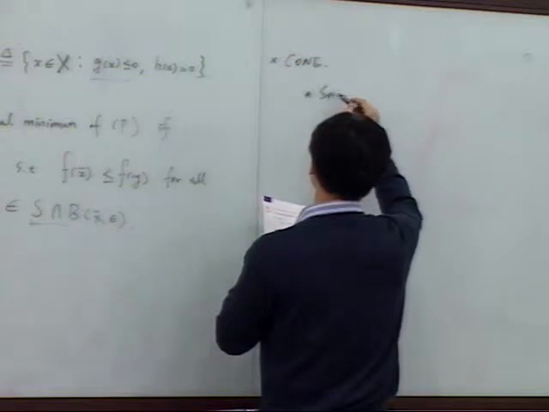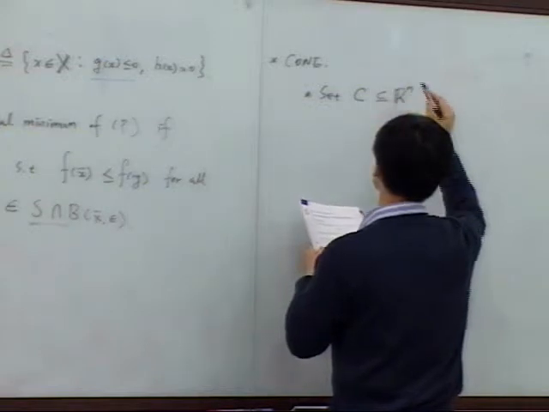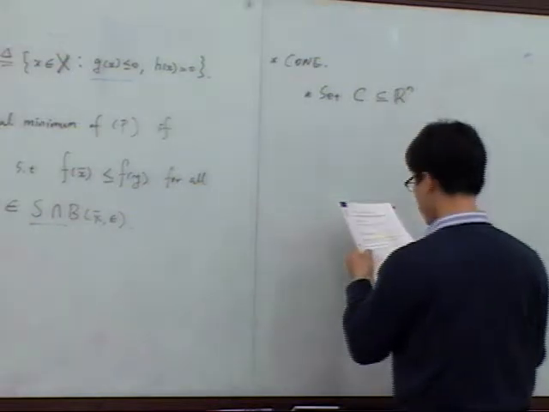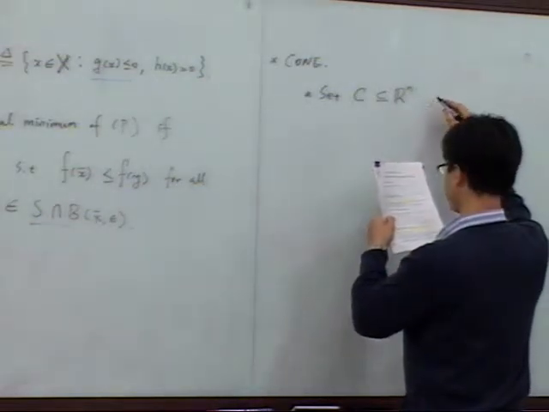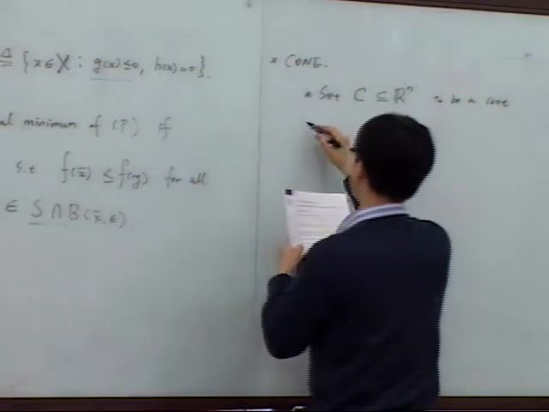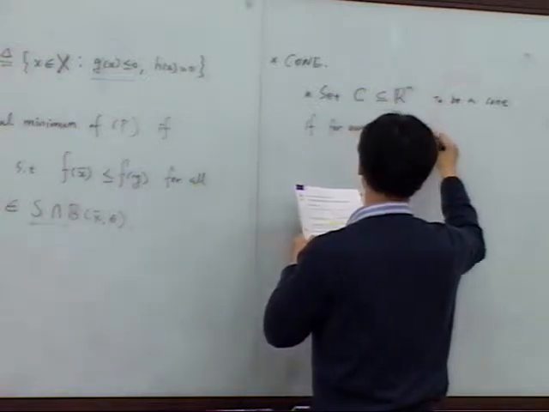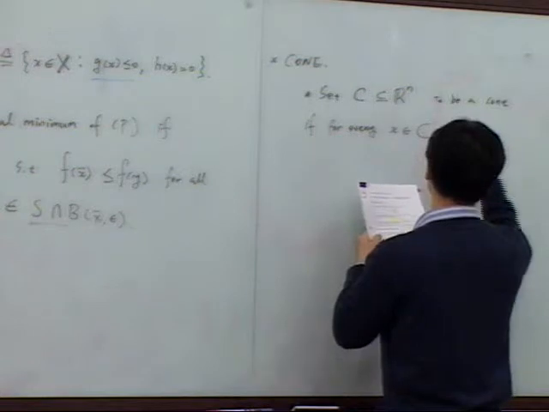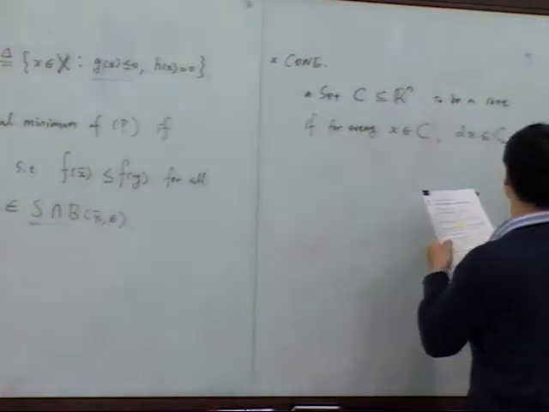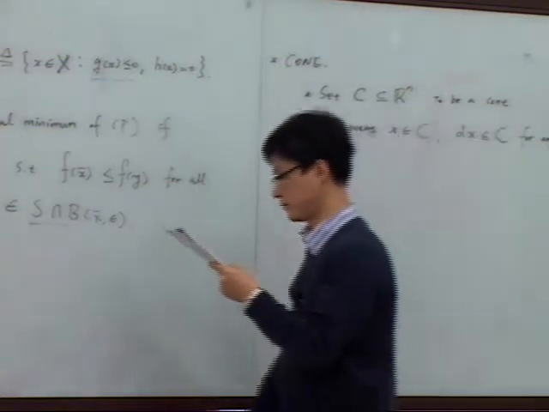A set C, which is a subset of this X, is a cone if for every x inside of C, alpha x inside of C, for any alpha greater than 0.